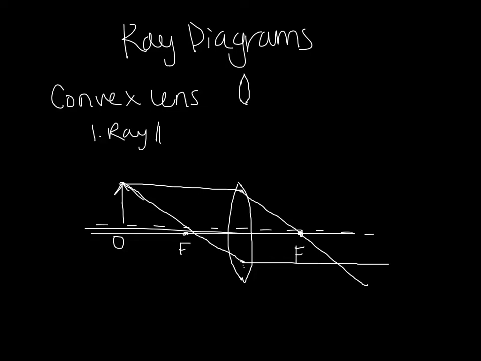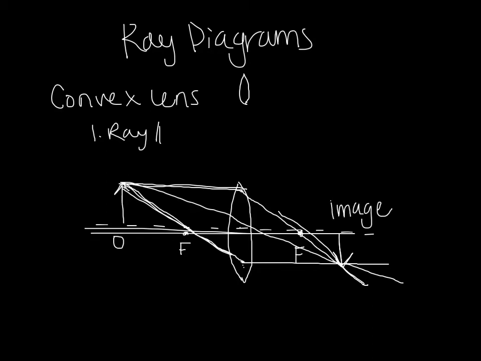So we have one going through the focal point on this side coming out parallel, one coming in parallel out through the focal point. Now we have one coming through the center. And where those 3 lines converge is where our image will appear.